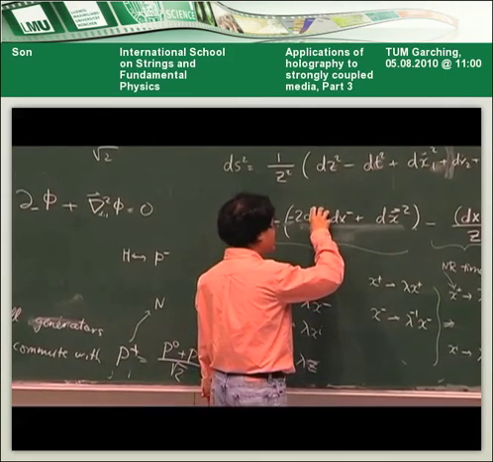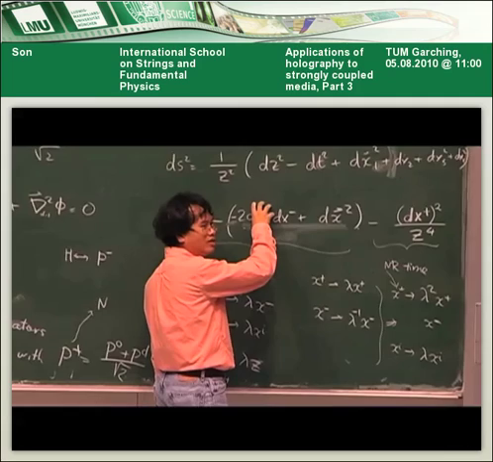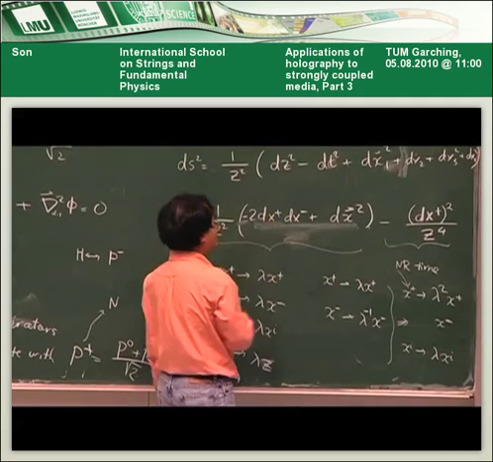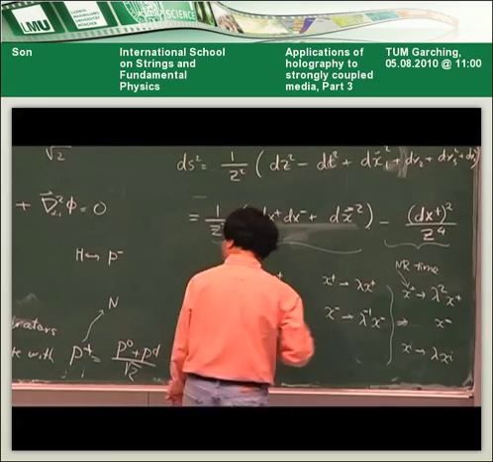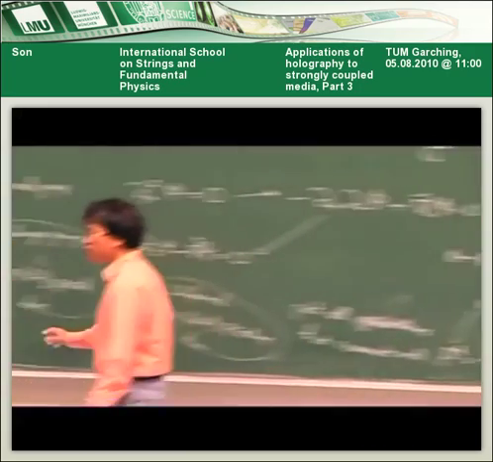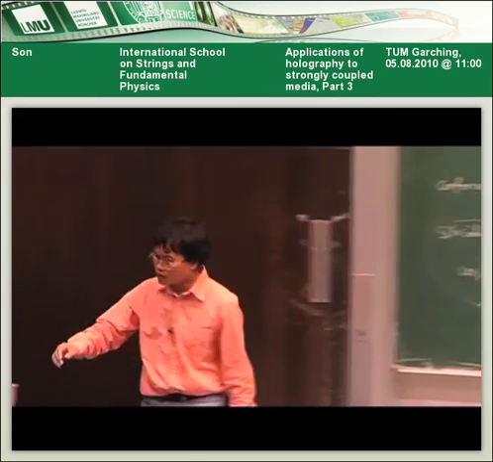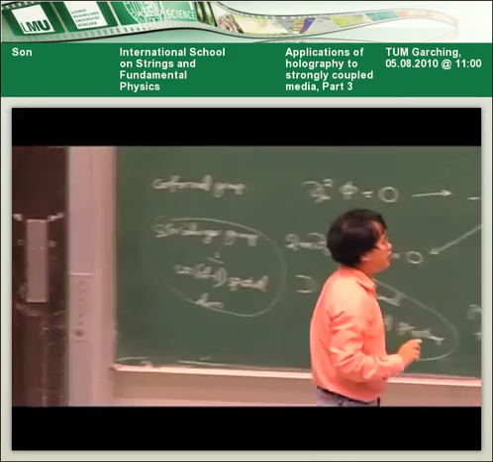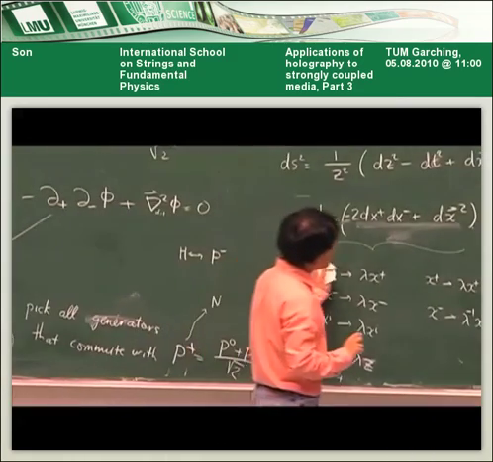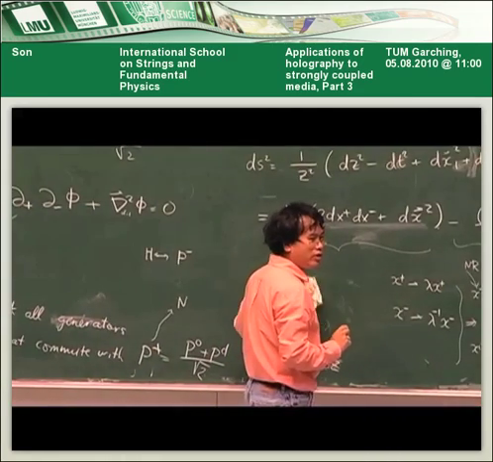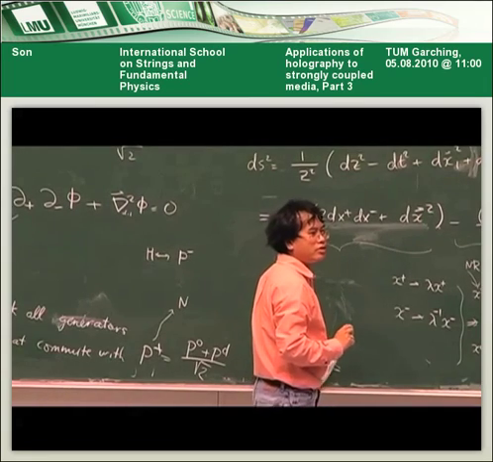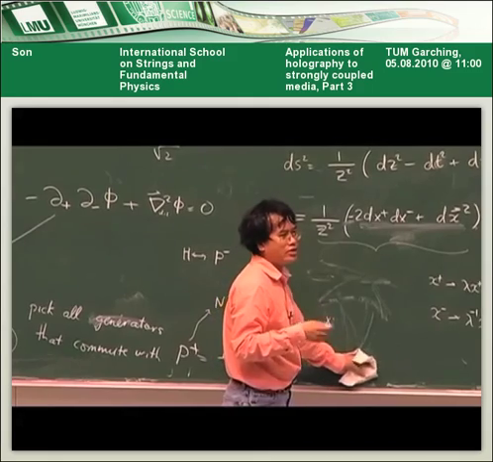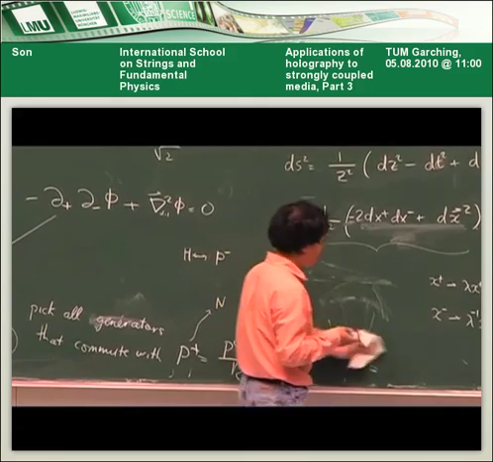You Wick rotate the x plus coordinate. The thing here might be related to why constructions of this type eventually, at the phenomenological level, don't seem to correspond to a nice non-relativistic system similar to unitarity fermions.